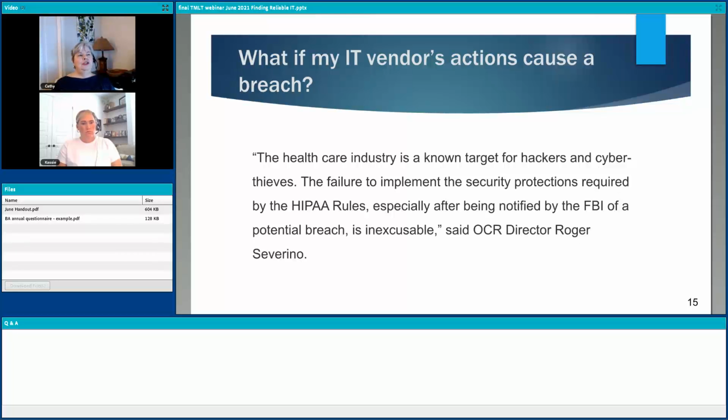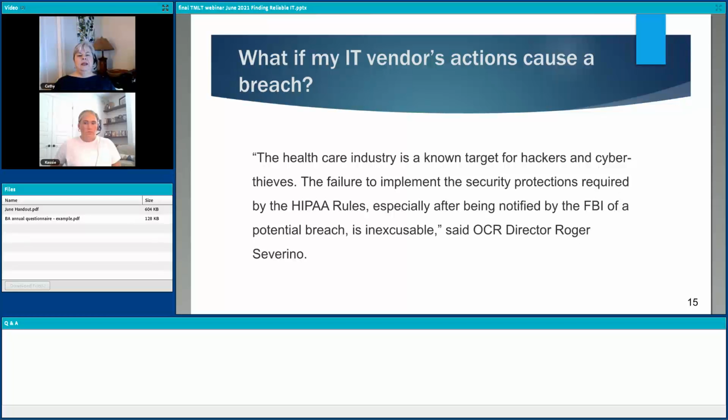No matter how much you want to take the word of your vendor, no matter how long you've had a relationship with them, it may not be sufficient just to believe that they have done something correctly just because they tell you that they have.